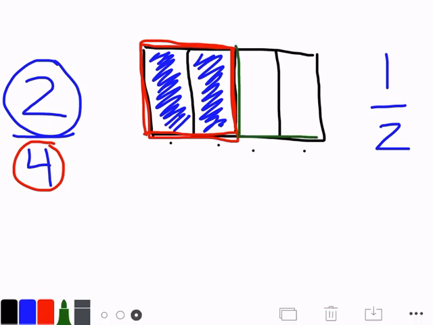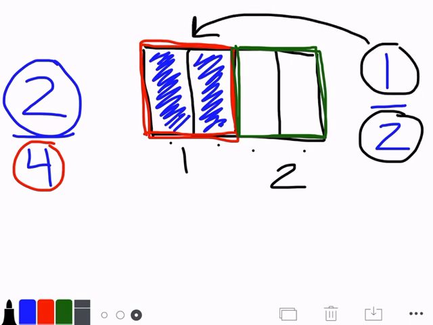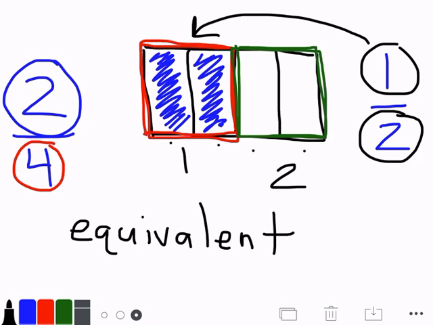I'd have the red piece, and I would have the green piece. So in this case, I have a denominator of 2, and it's showing me that I have 2 equal pieces, piece 1 and piece 2, and I have a numerator of 1, and that's telling me that one of those pieces is filled in, in this case the red one. And when you see fractions like this, 2/4 and 1/2, those fractions are called equivalent. You may notice in the word equivalent, it almost sounds like equal, because 2/4 is equal to 1/2 if you're talking about the same whole.